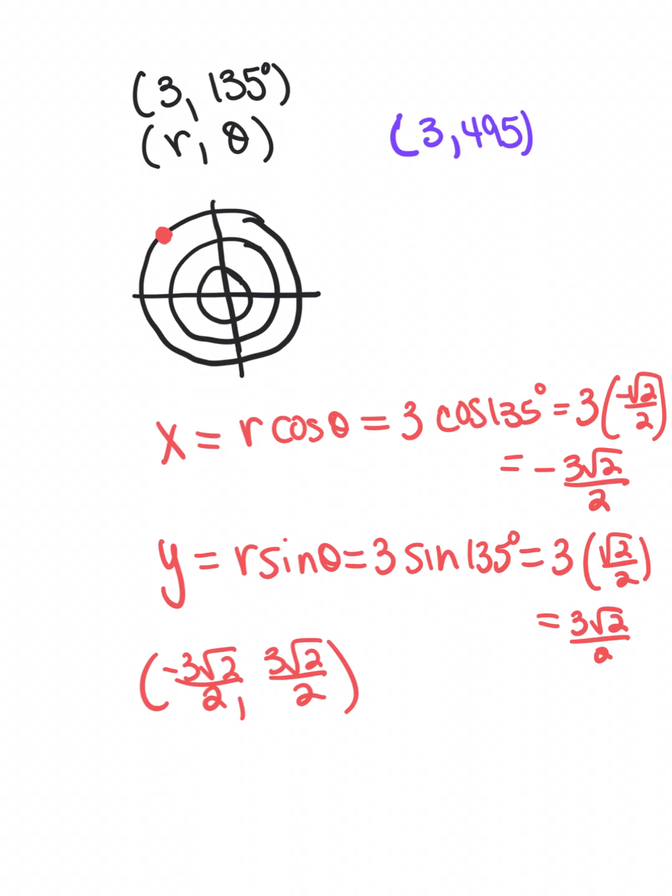Another way we can write this is we can go to the angle 315. So right here's 315, but I don't want the point there. I need the point on the opposite side. So if I want to make something on the other side of the angle, then r needs to be negative. And that will bring that point back up.